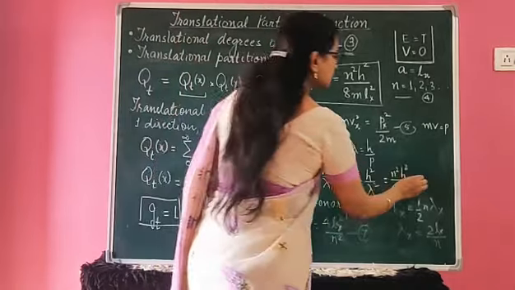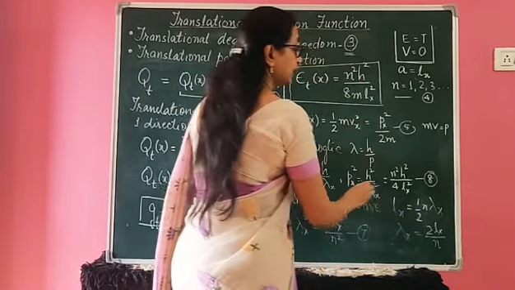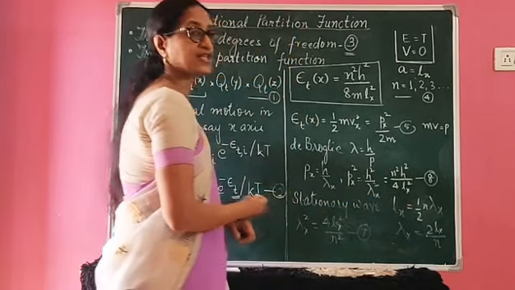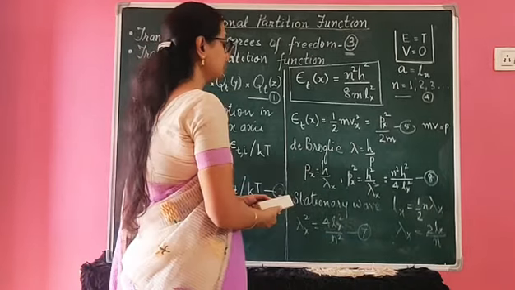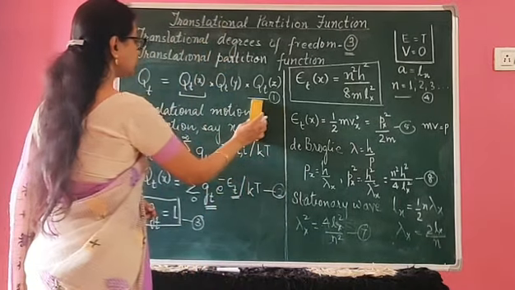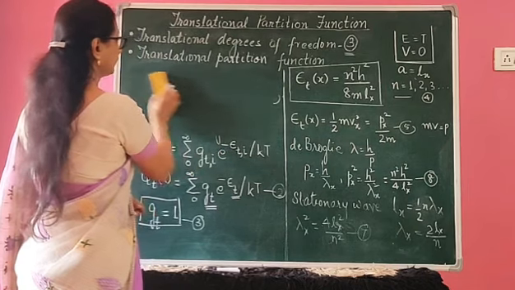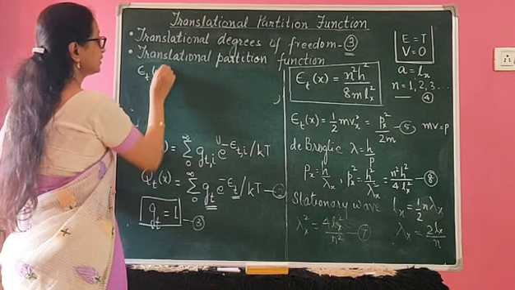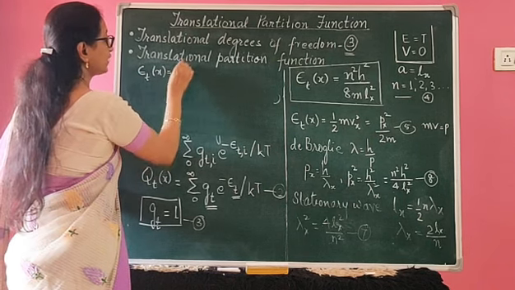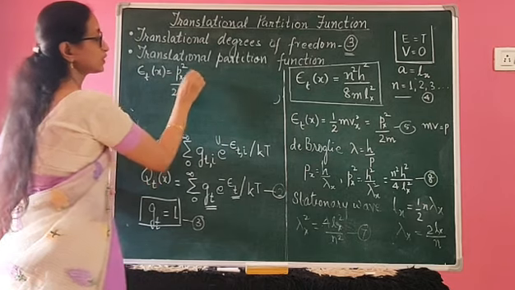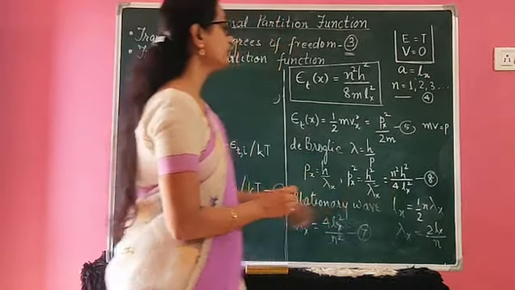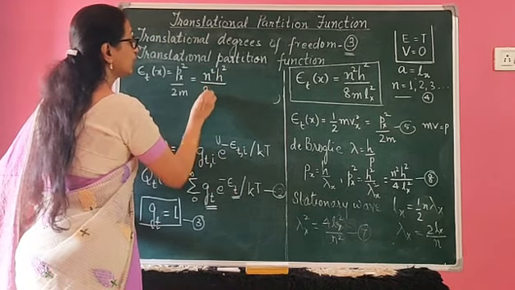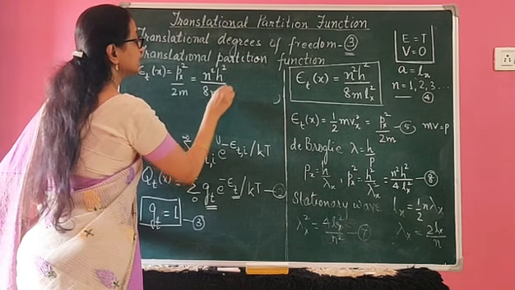Let this be equation number 8. px square is equal to n square h square upon 4 Lx square. We will substitute this value in equation number 5 and we will get Etx equal to px square upon 2m. On substituting the value of px square, we will have n square h square upon 8 m Lx square.